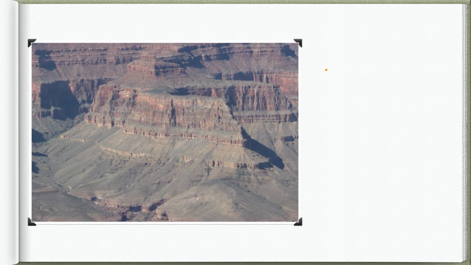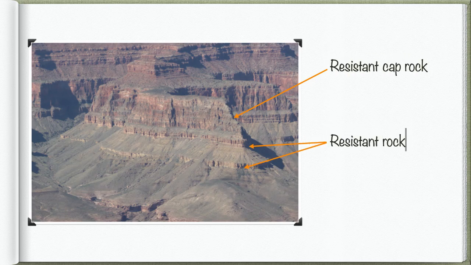And so let's go back to Grand Canyon where we see beautiful features like these, and there you see the features that are produced with horizontal strata. So can you see all the layers are lying horizontal, and the resistant rock stands out as a cap rock. And notice there's a step-like feature to this geomorphology that we see here in the Grand Canyon because there are other resistant rock layers.